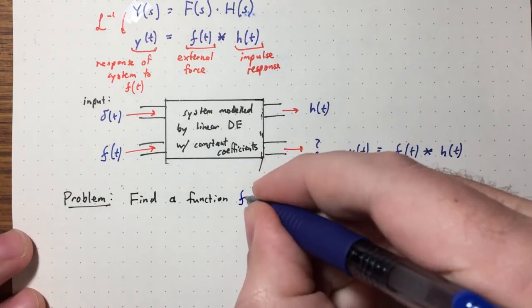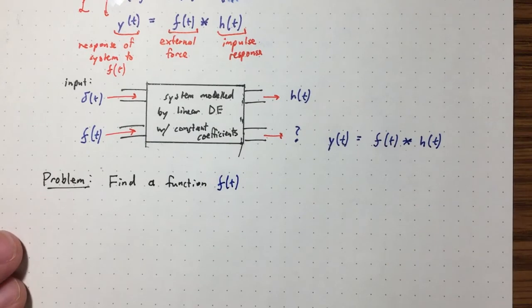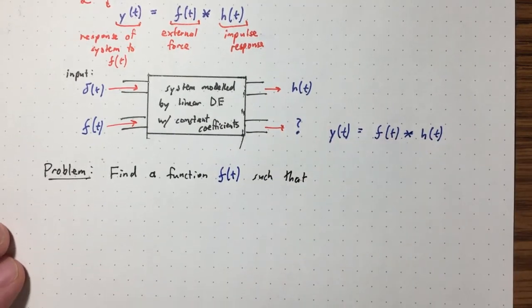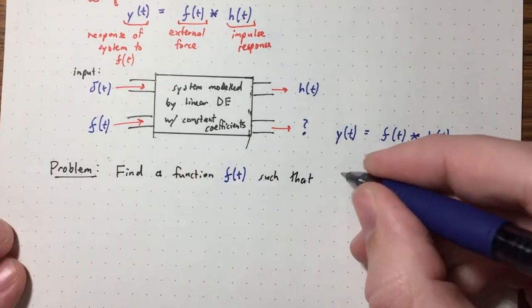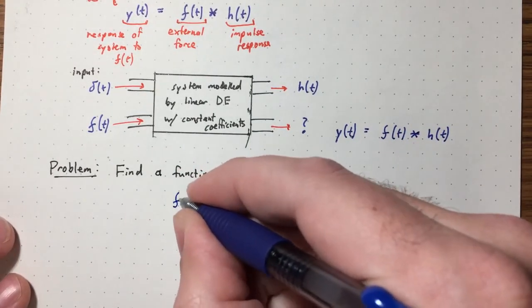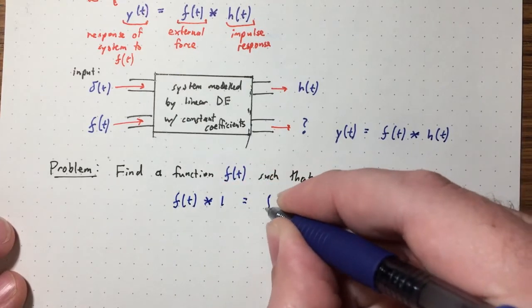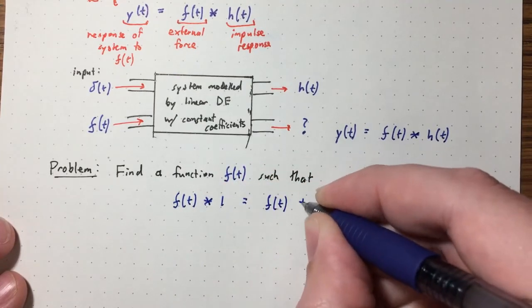But I want you to find a function f of t such that this interesting property is true. If we take f of t and we convolve it with the function 1, we actually just end up with f of t plus 1.